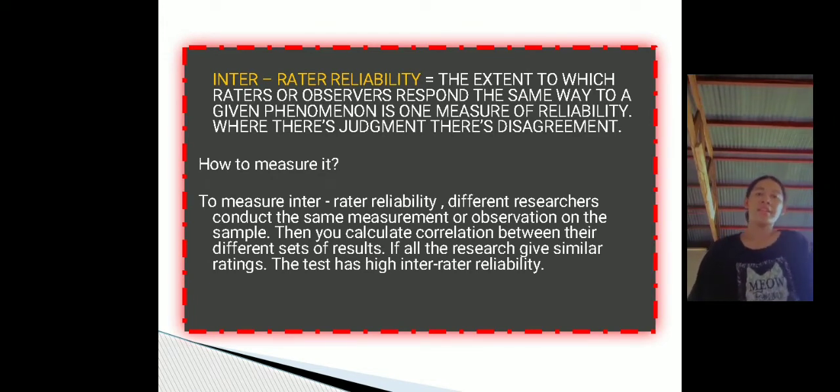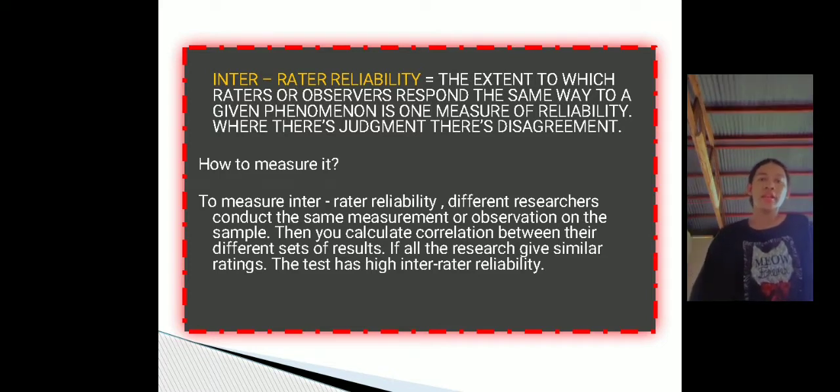Inter-rater reliability, the first one. The extent to which raters or observers respond the same way to a given phenomenon is one measure of reliability. Where there's judgment, there's disagreement. How to measure?